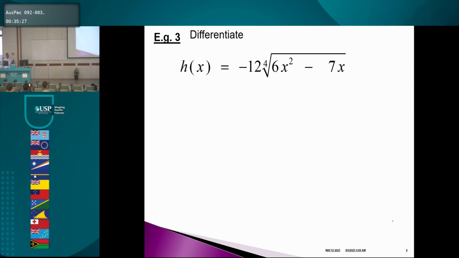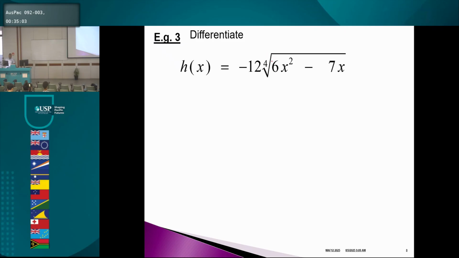Another example. Negative 12 times 4th root of 6x squared minus 7x. If we rewrite it properly, what's the power representing 4th root?